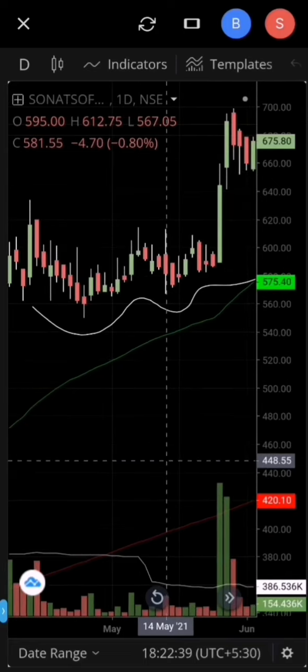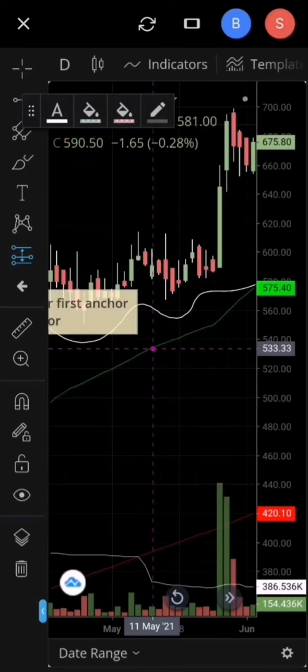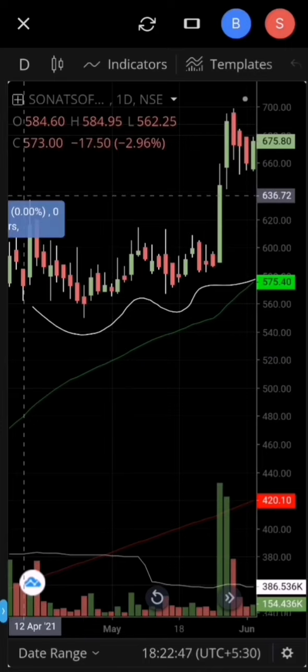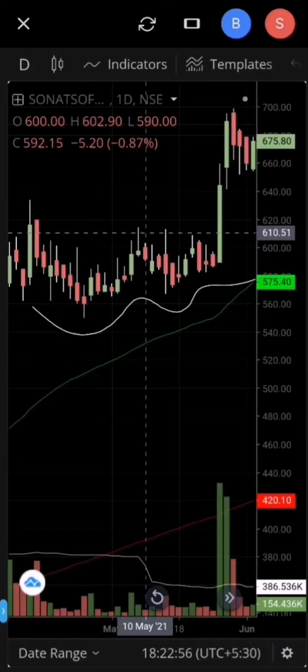Now what happened is, in the month of April, there was a slight consolidation. The price corrected around 13.83, you can say 14%, in the first contraction.